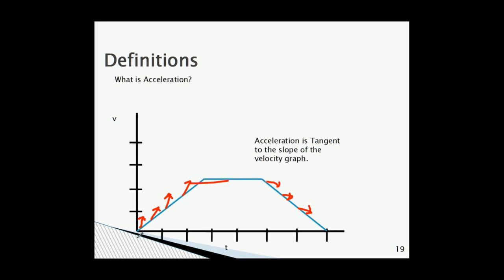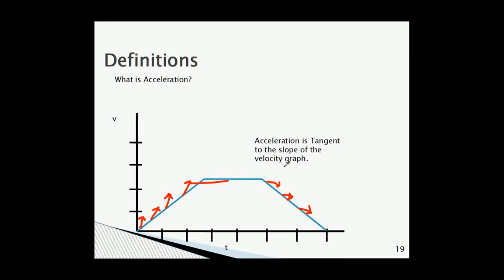Now, let me go back real quick. This is a positive slope, so it is a positive change of velocity, which means we have acceleration. When you have a negative slope in velocity or a negative change in speed, you have deceleration. So from this point to this point, you have negative acceleration or deceleration.